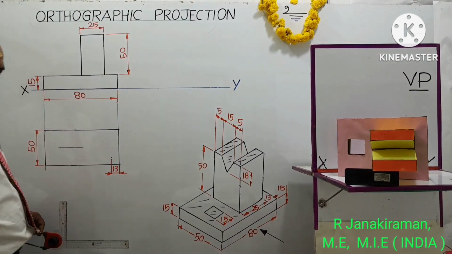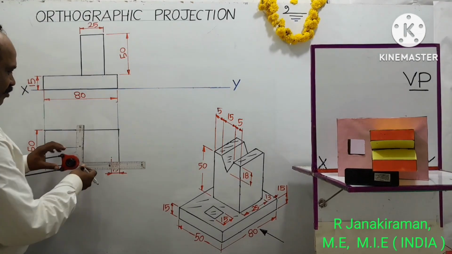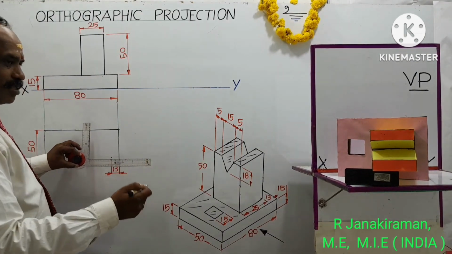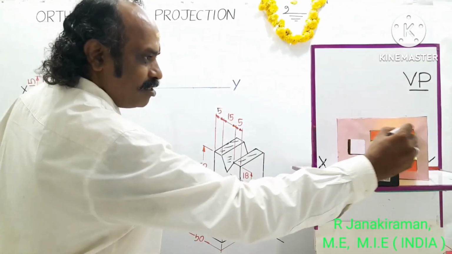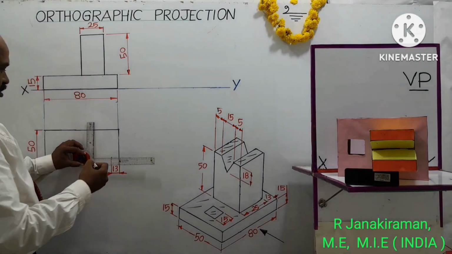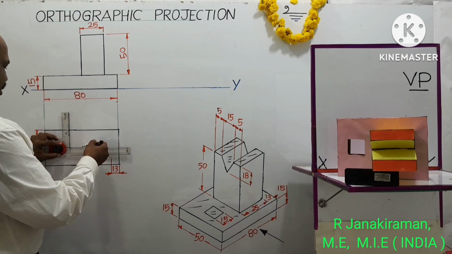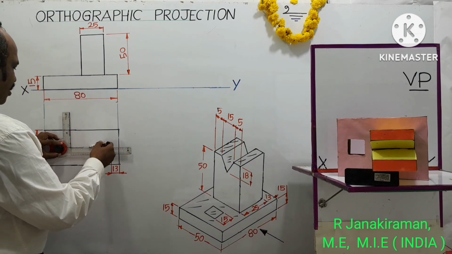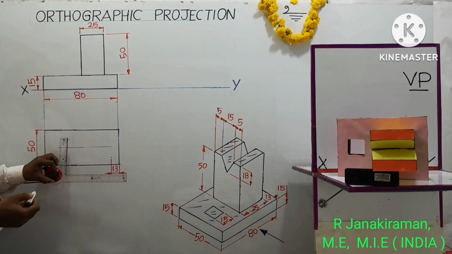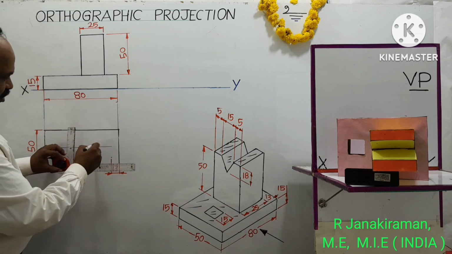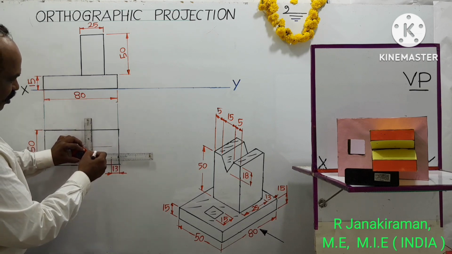Okay. Then you draw one horizontal line or construct one square of side 25 mm. This square I am going to construct, 25 mm. So before that you extend this center line along the length of the object. 25 divided by 2 will be 12.5. Above the center line, mark a distance of 25 mm.